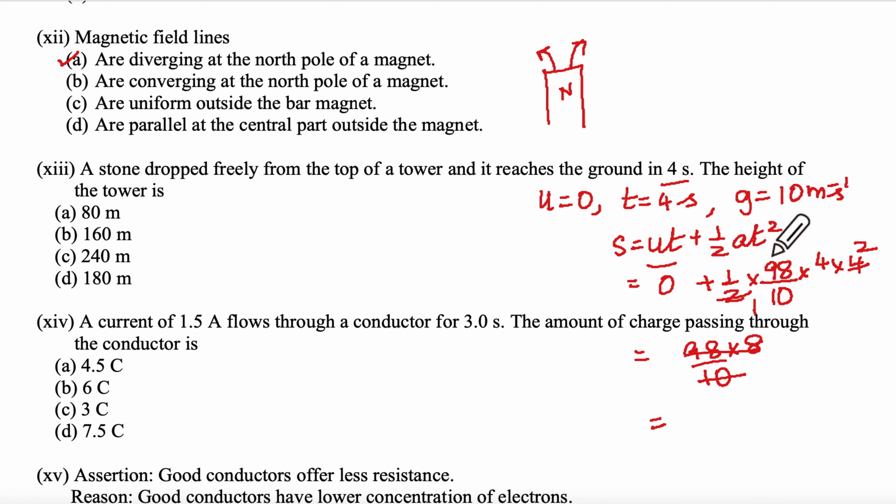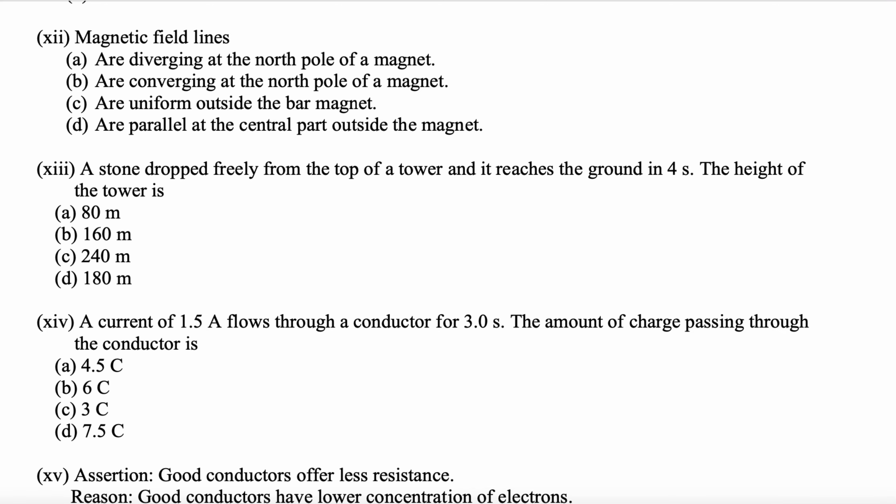So let us substitute here as half into 10 into 4 into 4, correct? Yes, ma'am. 2 ones and 2 twos. So it will come now 80. If we took 9.8, then we are getting a fraction, so it will be 80.